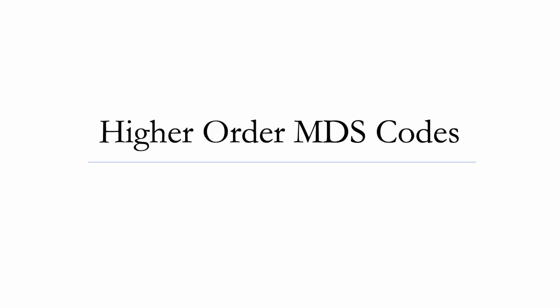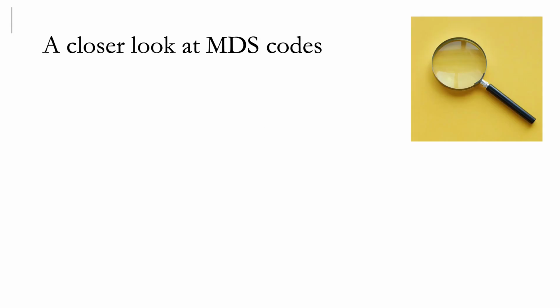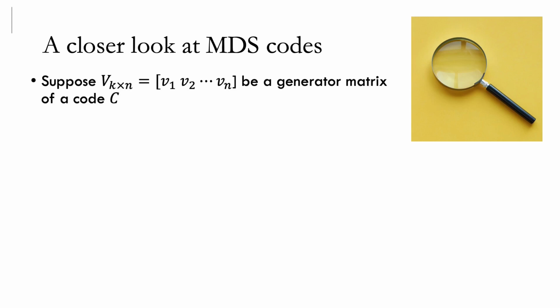Let's now discuss further what we mean by a higher order MDS code. Suppose that our generator matrix has columns v1 through vn, and we call our generator matrix V. So now we're focusing on the columns of the code instead of the rows.